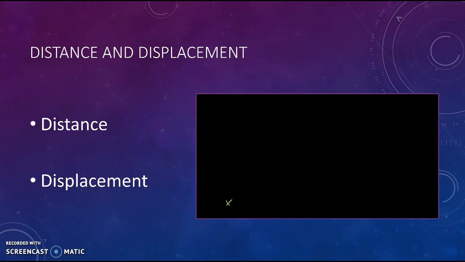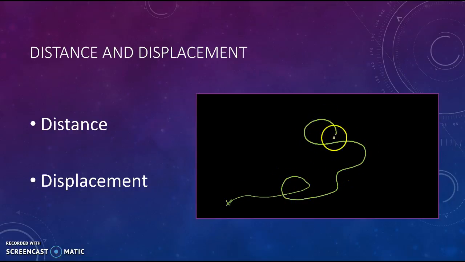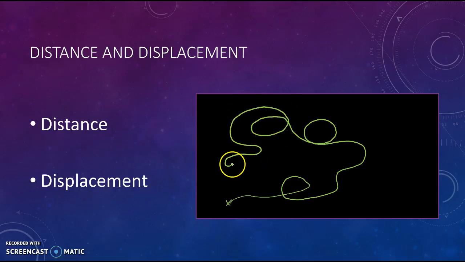One of the cool things about physics is we can define our coordinate system. So I can decide that where I start, I'm going to make that position 0. Then I'm going to travel up this way and do a little loop-de-loop, then travel over here and do another loop-de-loop, because I like loop-de-loops. Another one right here, and I'm going to end up right there.